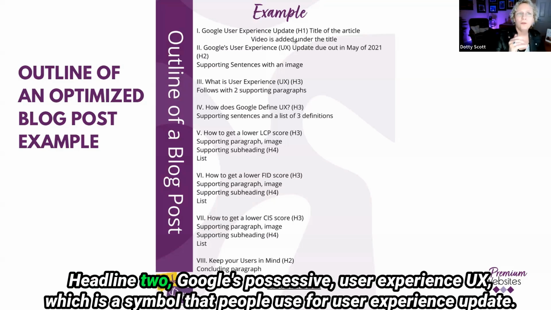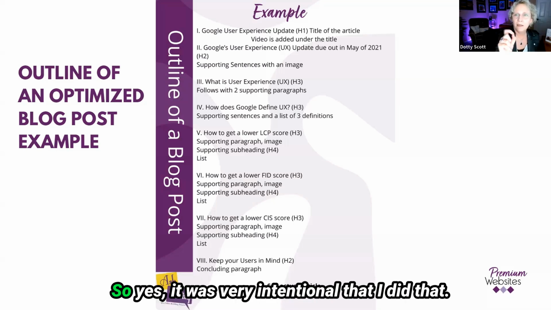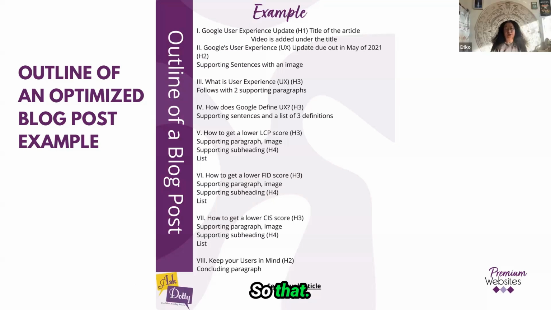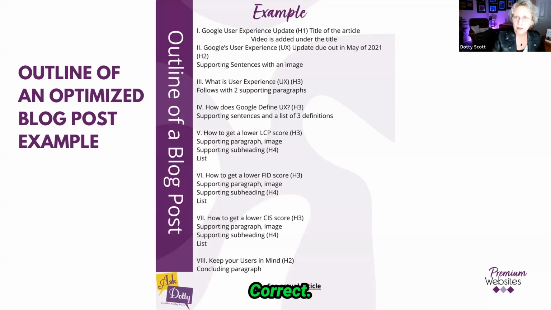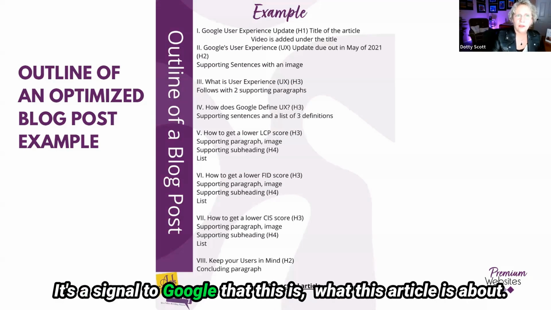Headline two: Google's possessive user experience UX, which is a symbol that people use for user experience update. So yes, it was very intentional that I did that. So that either can be picked up? Correct. It's a signal to Google that this is what this article's about.